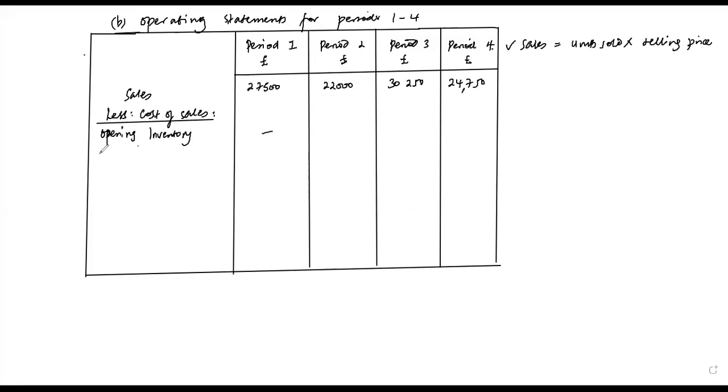Then we have to add the production costs. Production costs equals units produced times your full cost per unit.